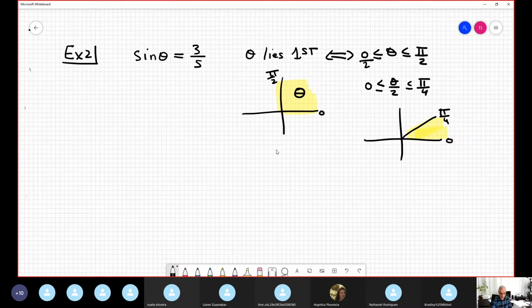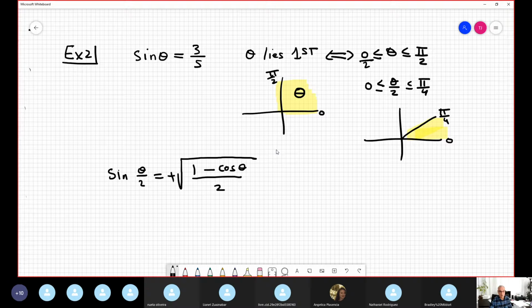Okay? Entonces now, suppose sine theta over 2 is equal to square root of 1 minus cosine theta divided by 2. It's a formula.